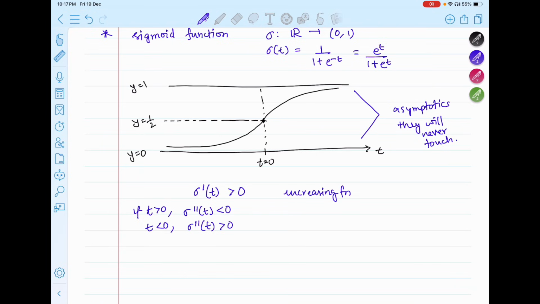Sigma double prime negative means it is concave, and positive means it is convex. So it is not fully convex or fully concave. When t is less than 0 it is convex, and if t is more than 0 it is concave. Again, this can easily be shown by taking the second derivative.